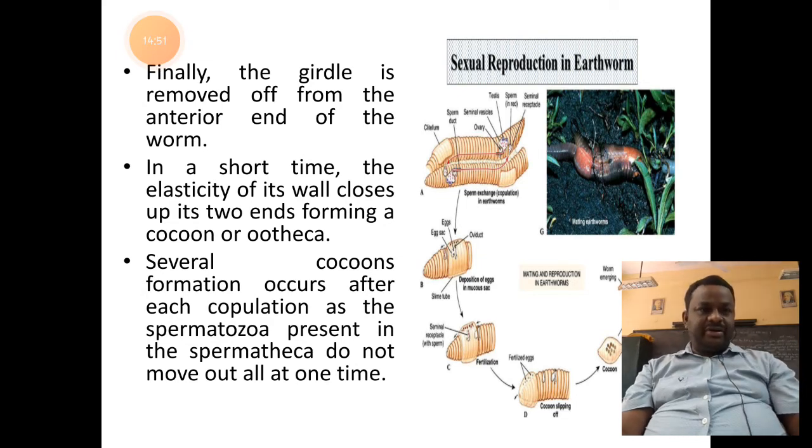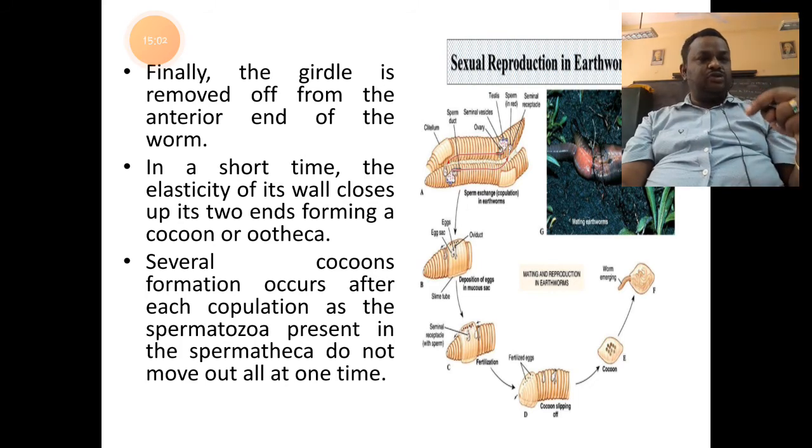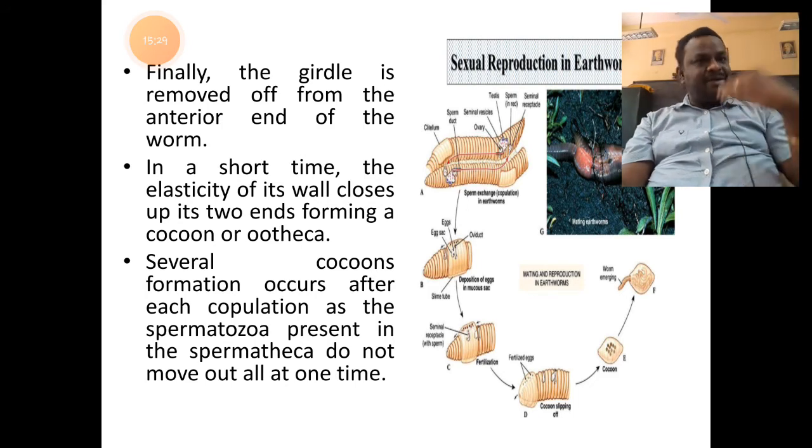So, in the picture here, you can find how exactly this structure of cocoon is formed. First, towards the left side, two earthworms are involved in the exchange of the male gametes, that is sperms. Then after storing the sperms in the spermathecal bags, the clitellum starts secreting its outer cover of the cocoon girdle or ootheca covering, and slowly it will move backward so that the ova, or eggs, are secreted into the girdle of cocoon.